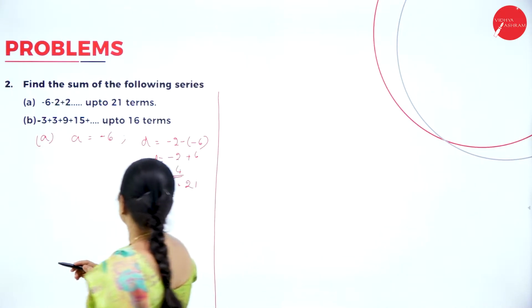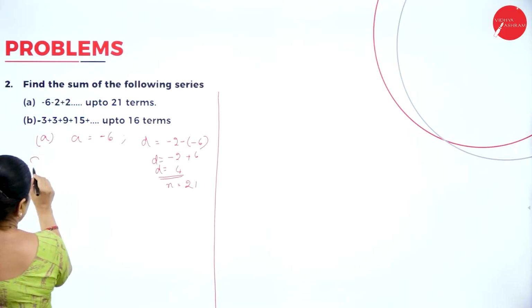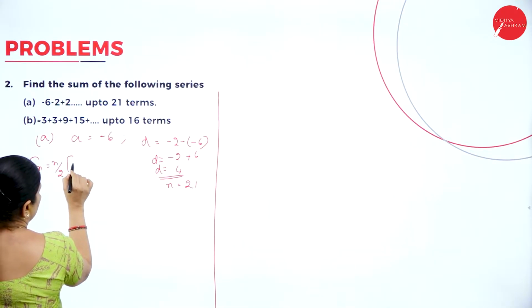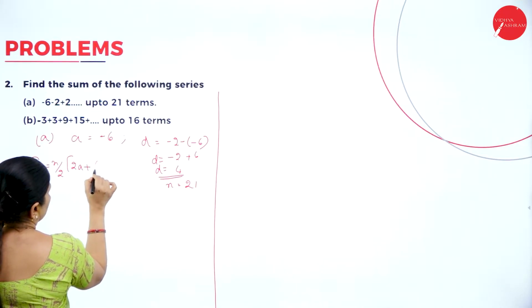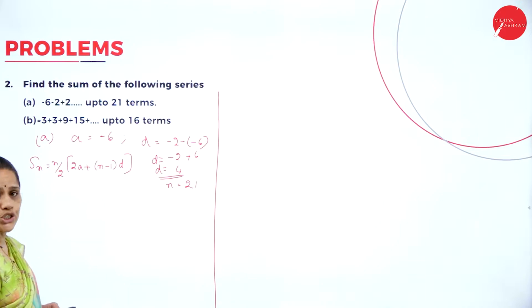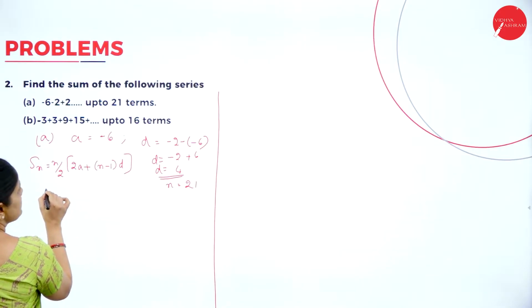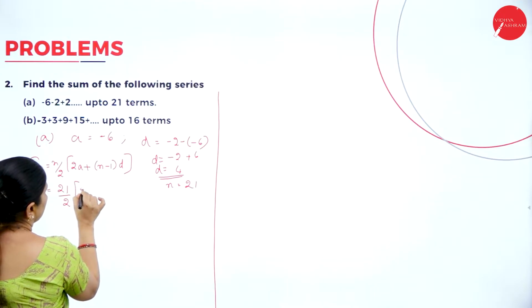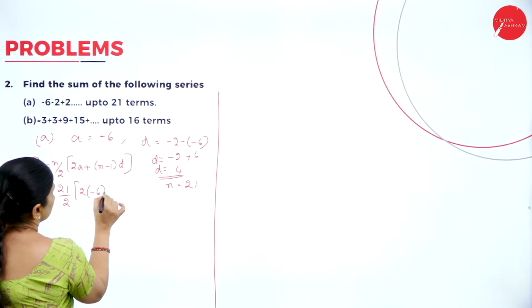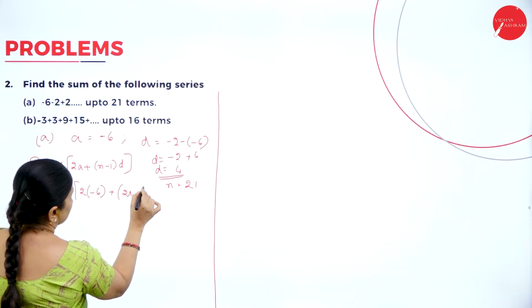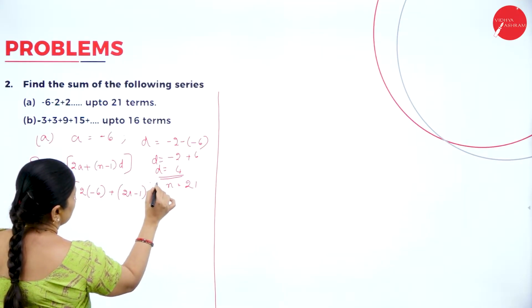So, I will use the formula Sn equals n by 2 into 2A plus n minus 1 into D. So, this will be equal to 21 by 2 into 2 into minus 6 plus 21 minus 1 into 4.